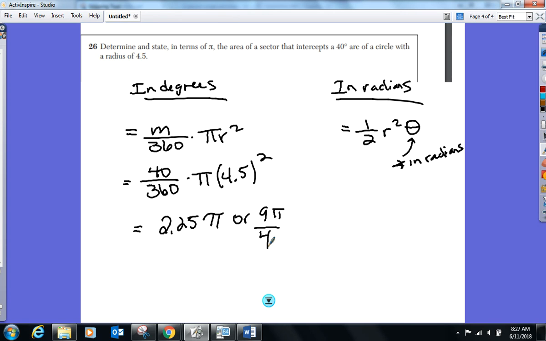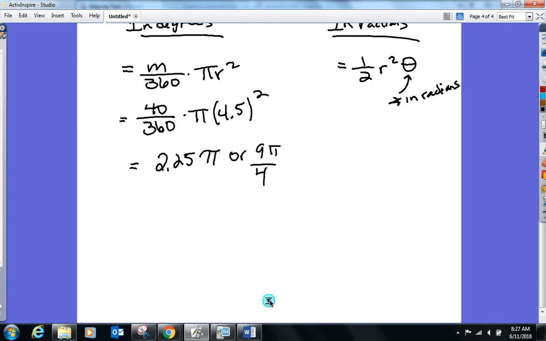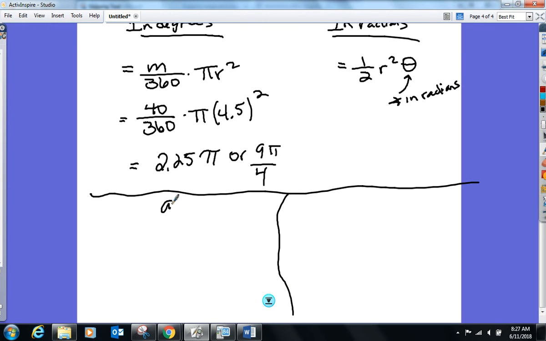Yep. That and the arc length formulas. Arc length, let's just go over it while we're here. You also have 2 formulas for arc length. If it's in degrees, very similar to this one, right? Measure over 360, but I don't multiply by pi r squared. Anybody remember? Pi d, the circumference, yep. And then if it's in radians, anybody remember that one?